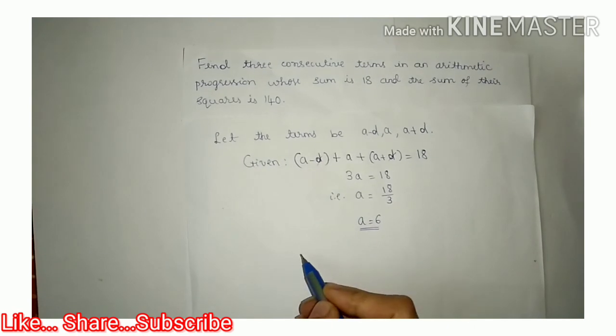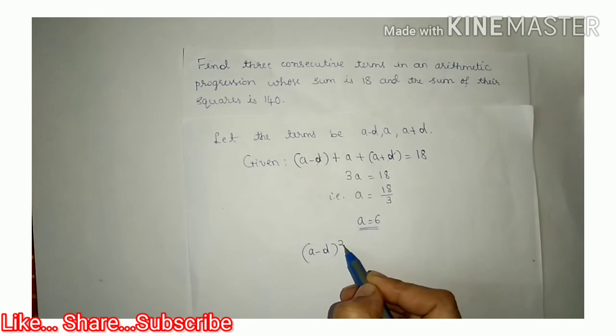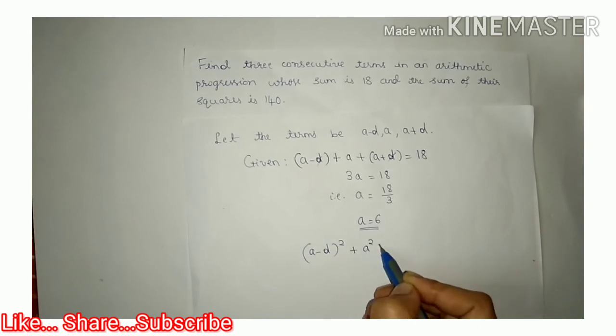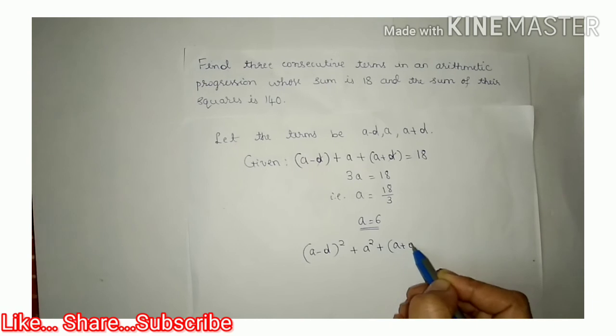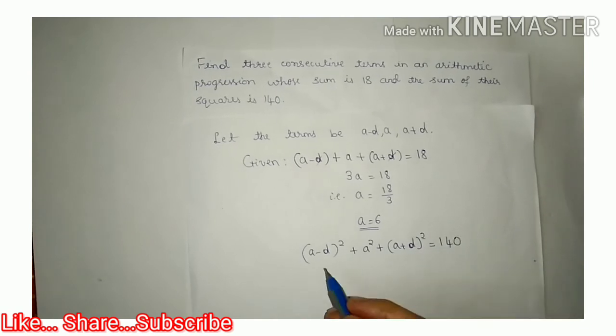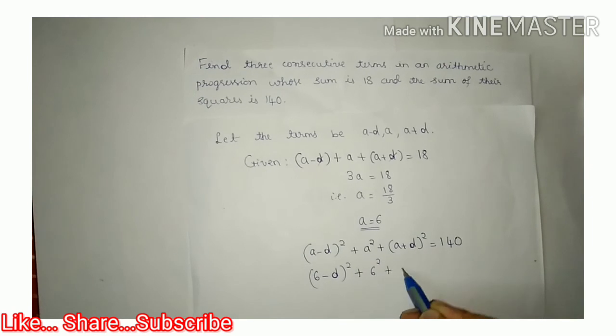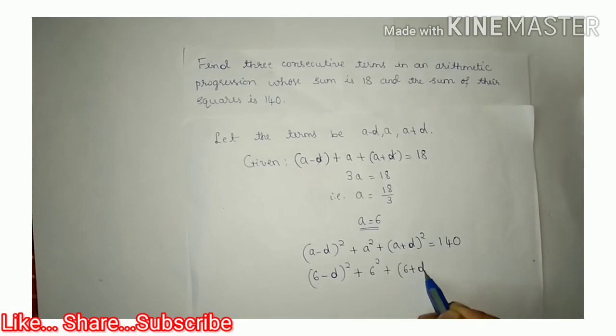Also given, the sum of their squares is 140. (A minus D) whole square plus A square plus (A plus D) whole square is 140. Substitute A equal to 6: (6 minus D) whole square plus 6 square plus (6 plus D) whole square is equal to 140.